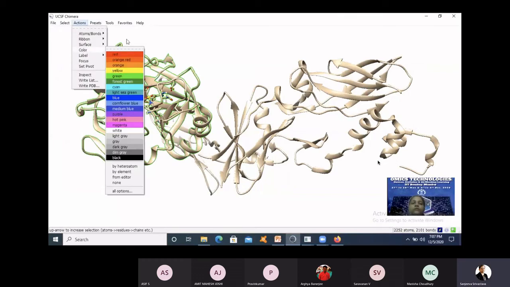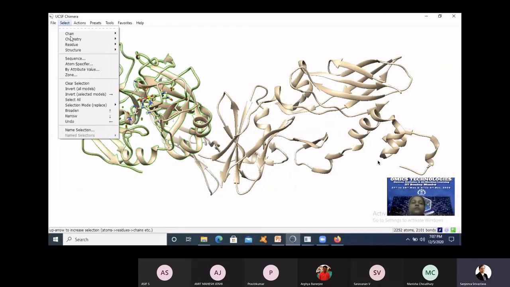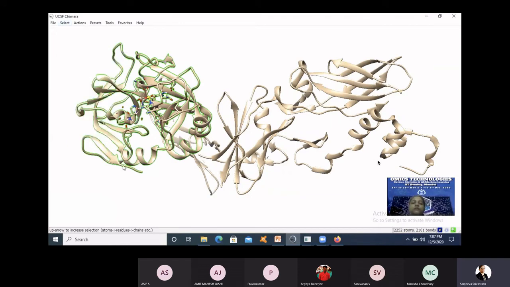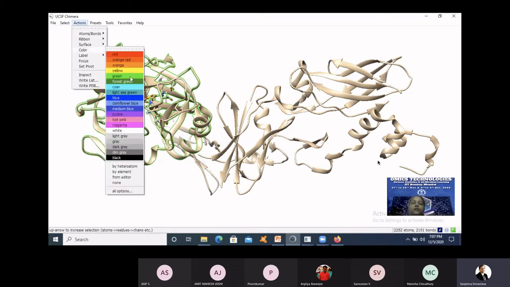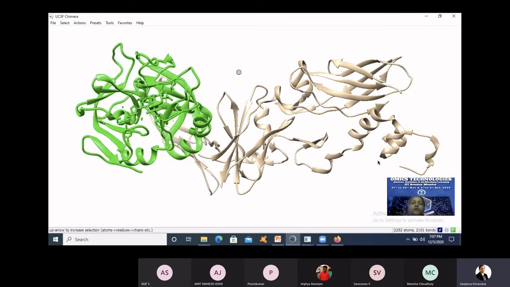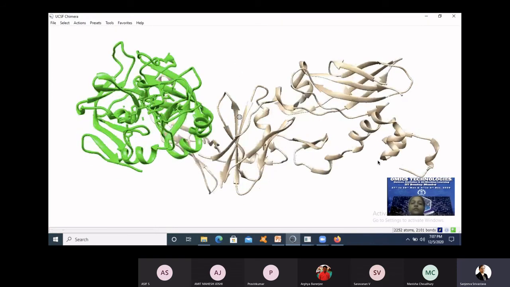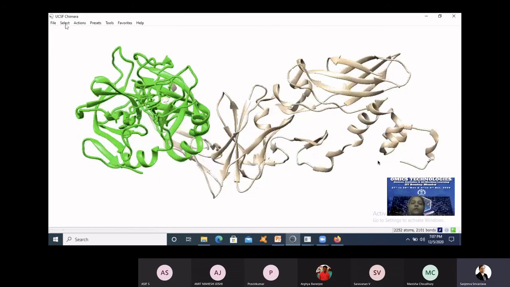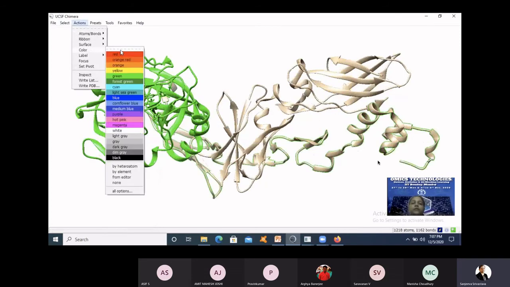I can just go to color. What I did was go to chain and select heavy, which will select the heavy chain. I went to color under actions and said green, so the heavy chain became green. Then I selected the light chain and made it blue.